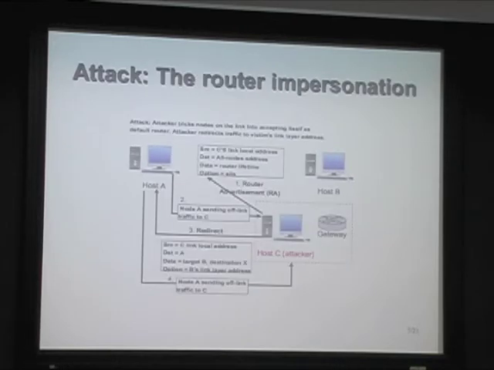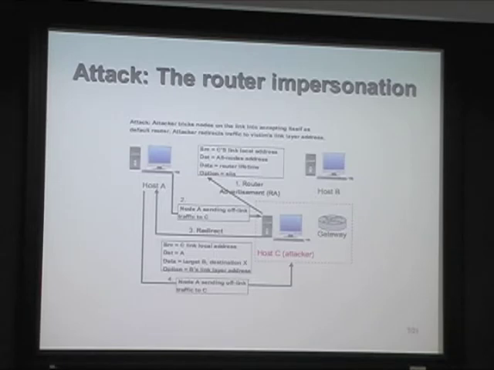The second problem is the one that I already mentioned in the first slide, and that's router impersonation. If an attacker connects to the link, it can send a router advertisement and easily trick nodes into thinking that it is authorized to act as a router on the link. As a consequence, the attacker can do basically whatever he wants, either redirect traffic to someone else, send wrong parameters, send wrong prefixes, whatever he wants.